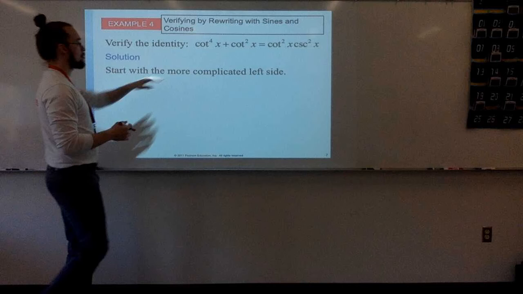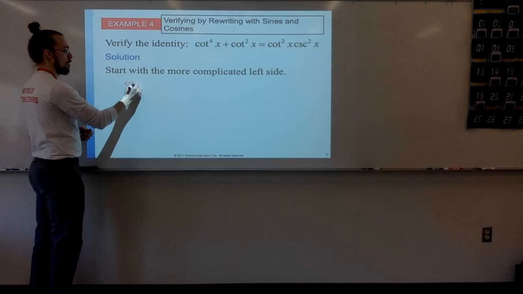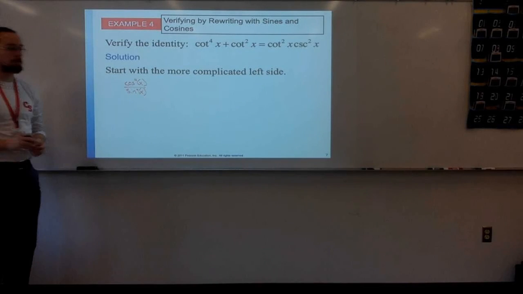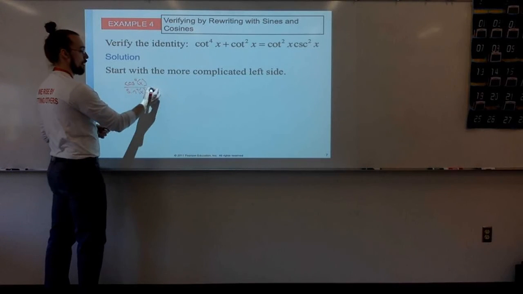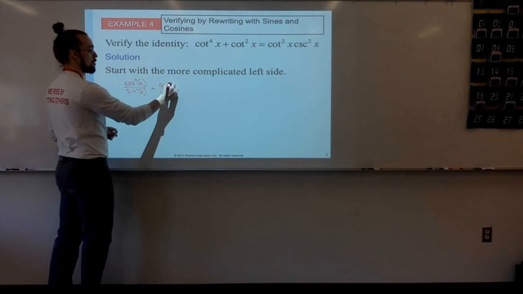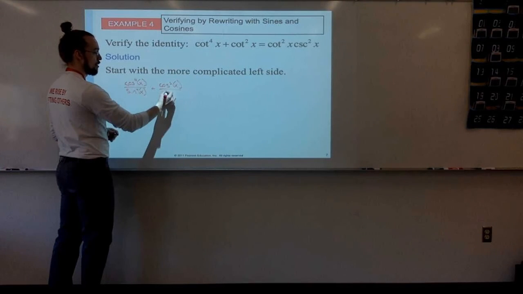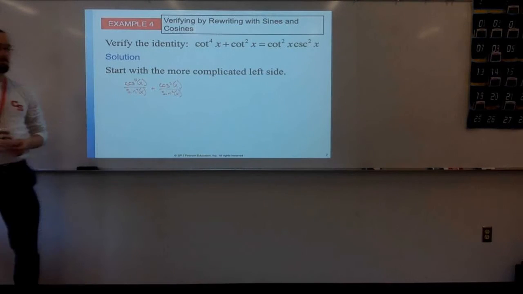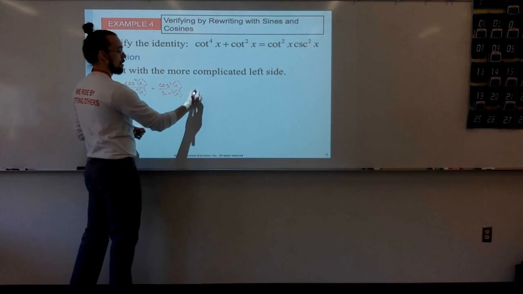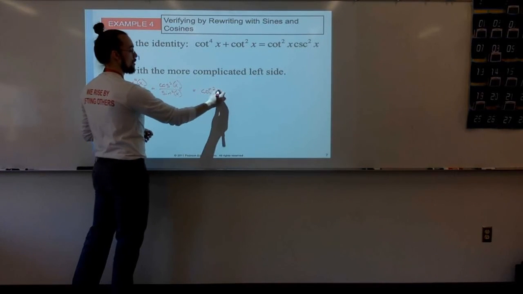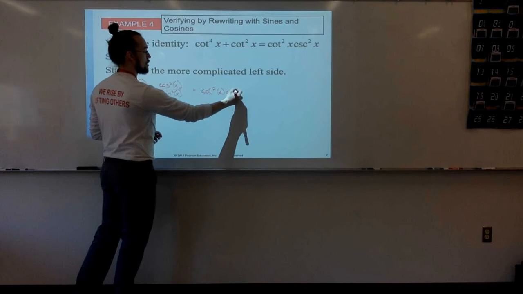So cotangent we know is equal to cosine over sine. Right? So I could rewrite that first term as cosine to the fourth over sine to the fourth. And then similarly for cotangent squared, I could rewrite that as cosine squared over sine squared. And again, somehow we want this to equal cotangent squared times cosecant squared.